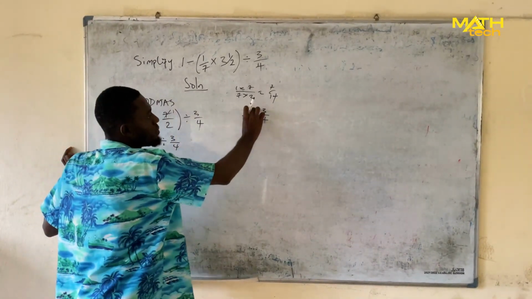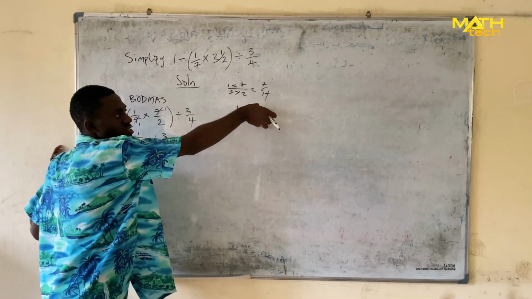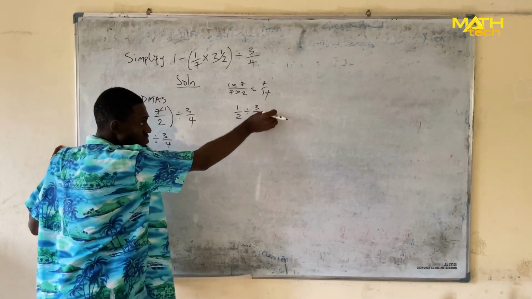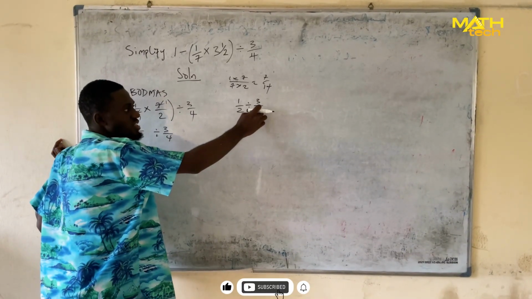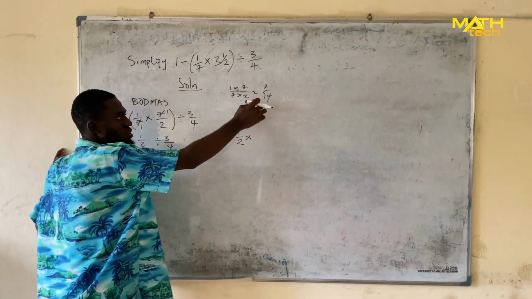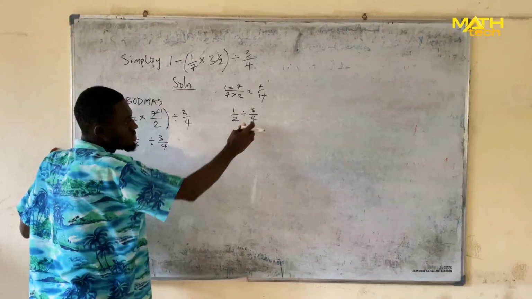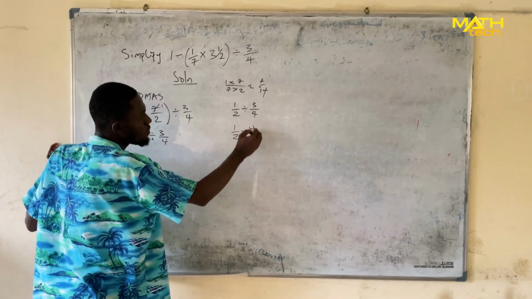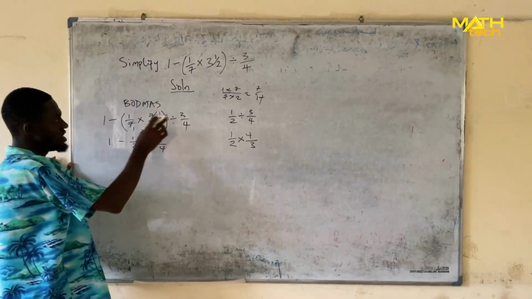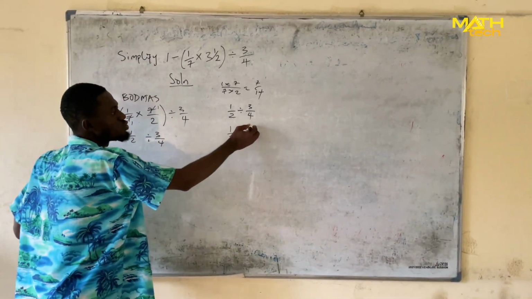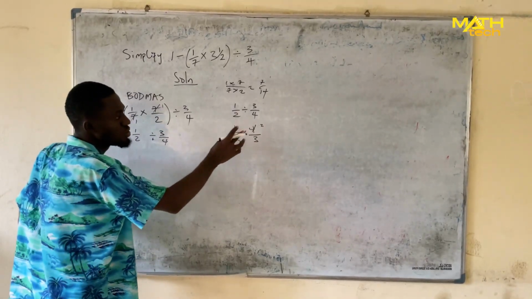But when this operator changes from division to multiplication, it affects the positioning of the divisor fraction. So we will now have 1 all over 2 times the fraction where the denominator becomes the numerator and the numerator becomes the denominator. So you have 1 all over 2 times 4 all over 3. And this will be the same way we did here. We can say 2 into itself 1, 2 into 4 is 2. And we can definitely have our answer to be 2 over 3.